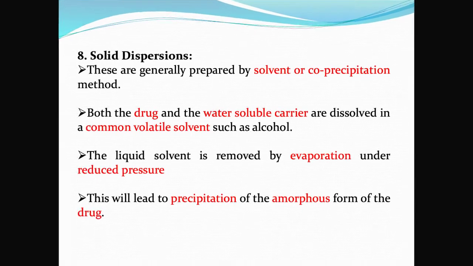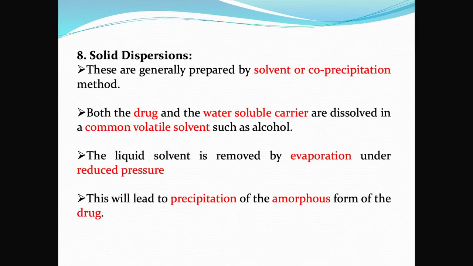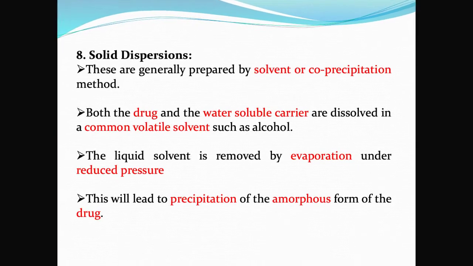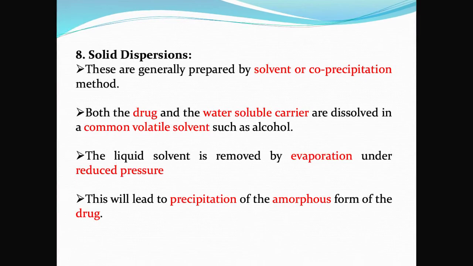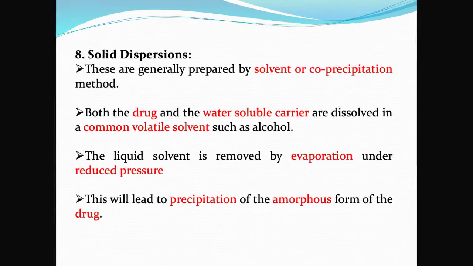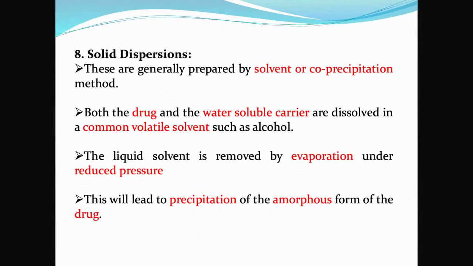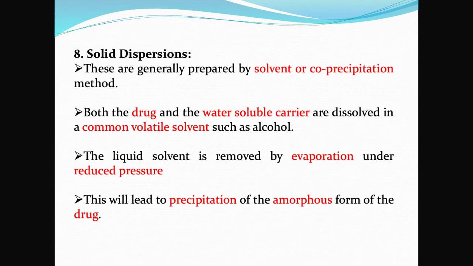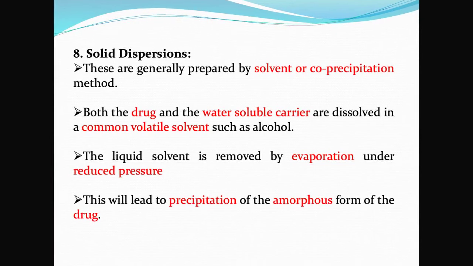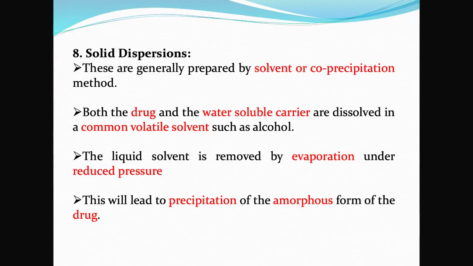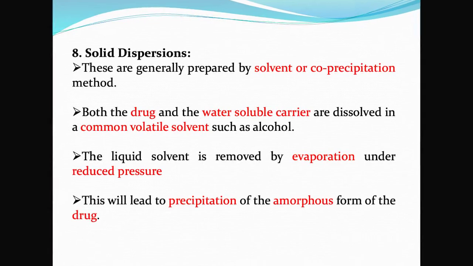This amorphous precipitate possesses significantly higher internal energy, which translates to a much faster dissolution rate compared to its original crystalline form. Why would the intentional disruption of molecular symmetry through this co-precipitation process be the most effective way to eliminate the lattice energy barrier for poorly soluble compounds?